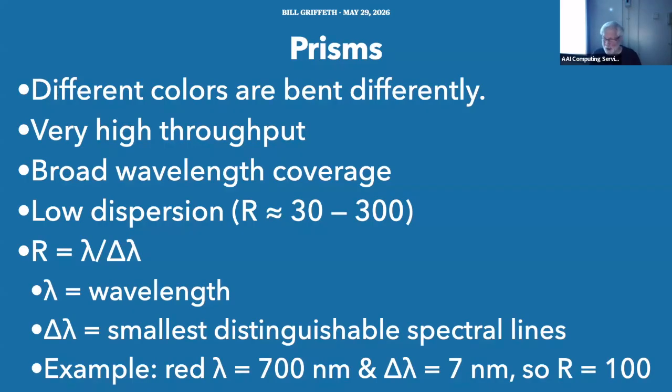For example, near the red wavelength of 700 nanometers, suppose the closest spectral lines that a prism can separate are 7 nanometers apart. Then the R value of the prism at 700 nanometers is 700 divided by 7, or 100. Prisms typically have R values between 30 and 300.